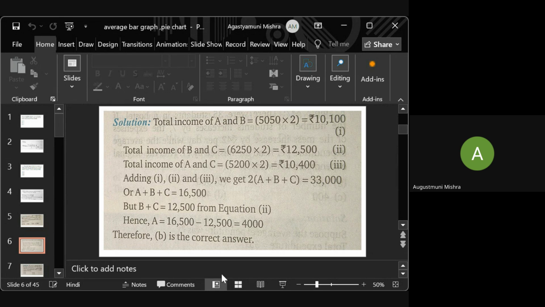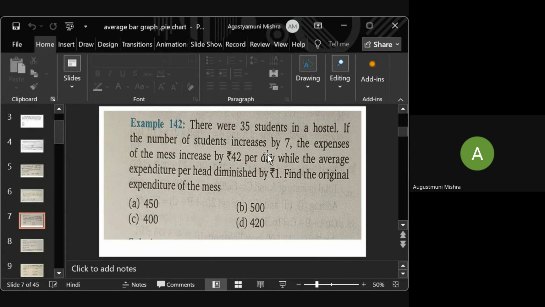Okay, I think there is no issue with this solution. I'm just changing the slide. We'll move to another question. You can start solving it. You only have 3 minutes for this also.